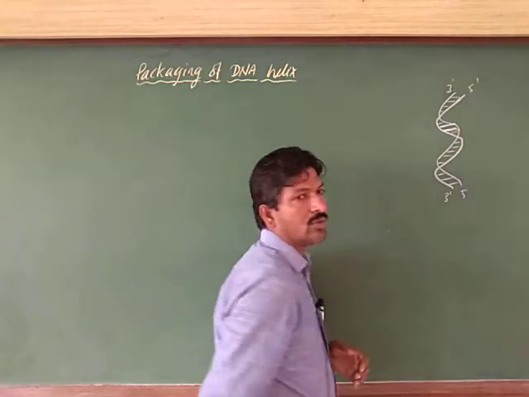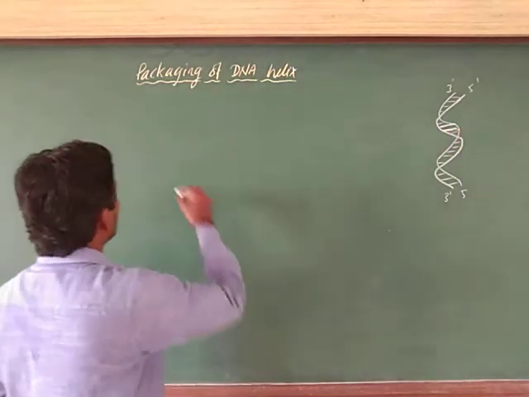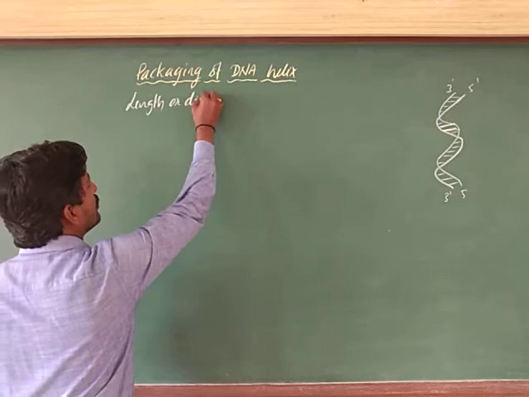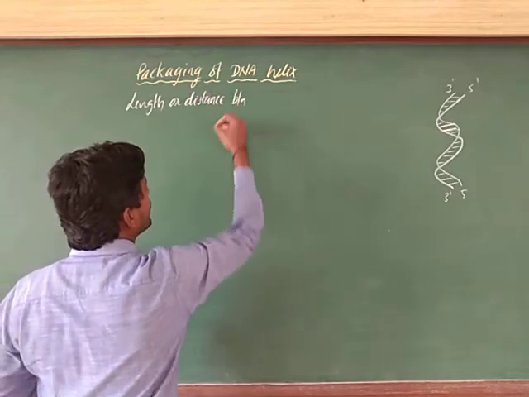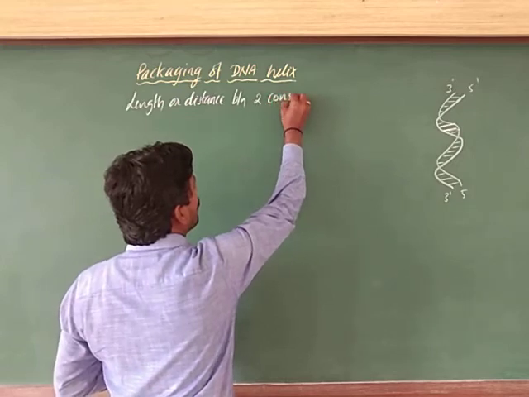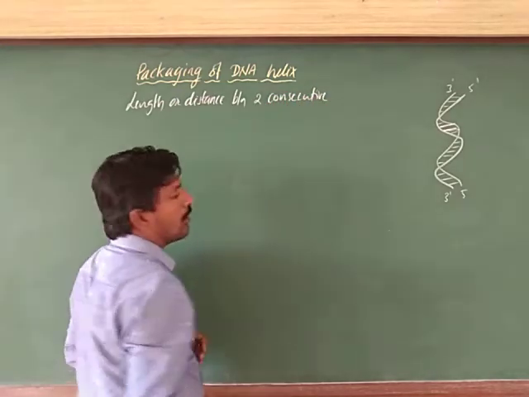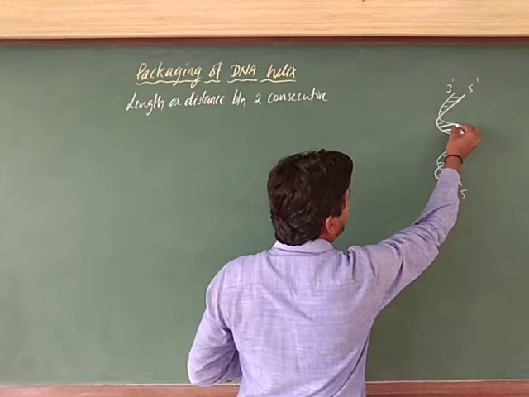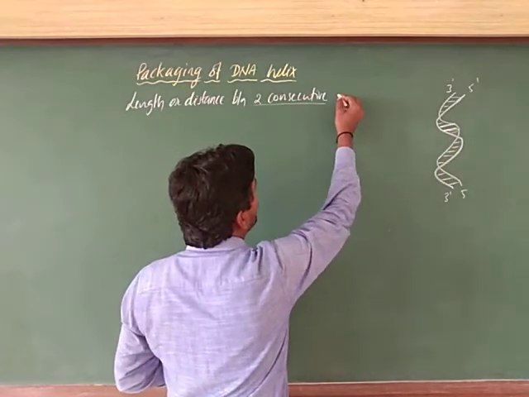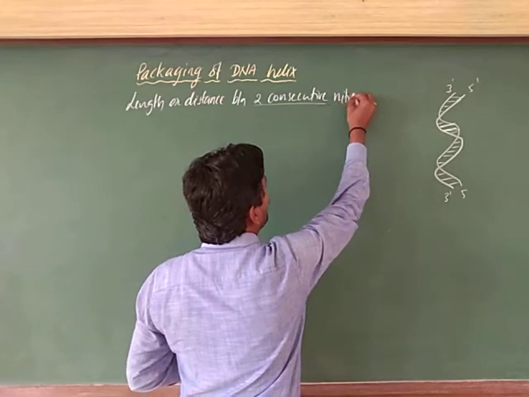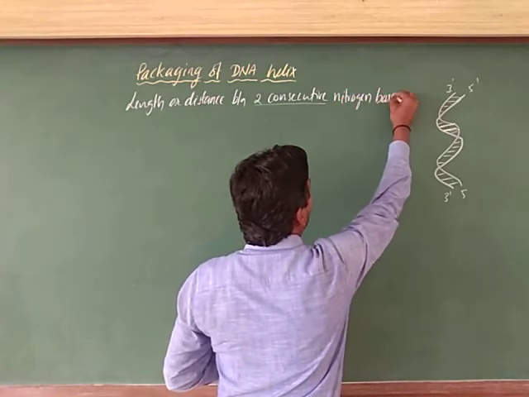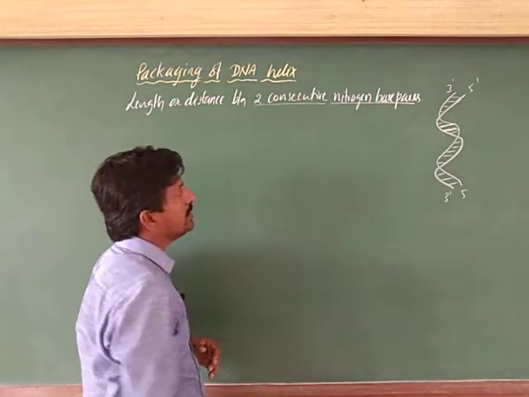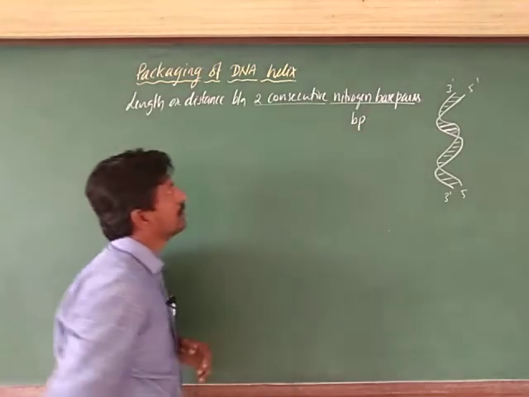Between two consecutive or adjacent, neighboring nitrogen base pairs, commonly written as BP, we can consider the length or distance.